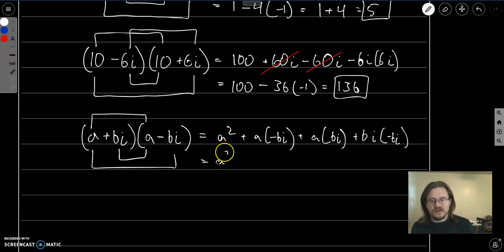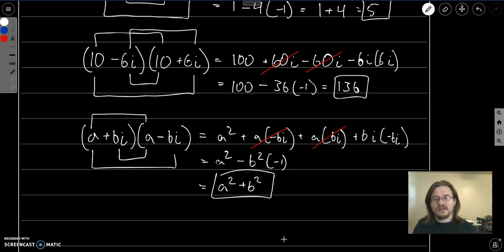And this is a squared. And then I've got a times negative bi plus a times bi. This guy has a negative sign, this guy doesn't. They're the same except for the negative sign. So guess what happens when we add them together? They cancel out. And then I've got b times i times negative b times i. So that's negative b squared times i squared. But i squared is negative 1, so I just get a squared plus b squared.